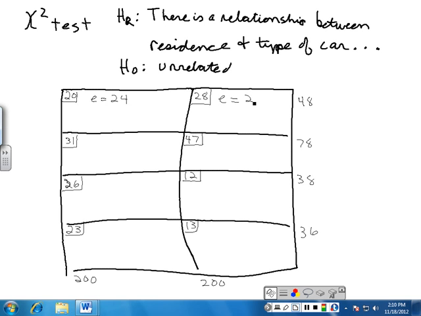So of that 48, half in each. And then I'm going to go ahead and get all of these. Expected value here is 39. That's half of the 78. Half of the 36.